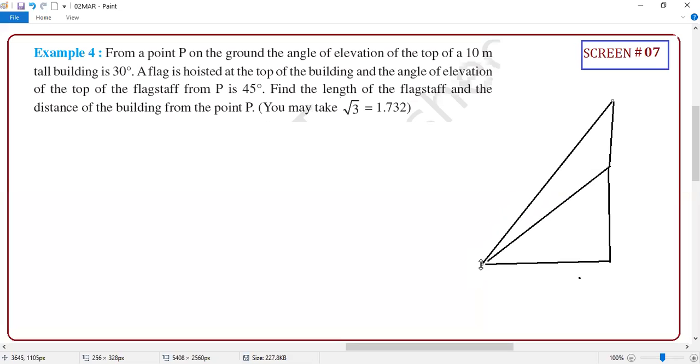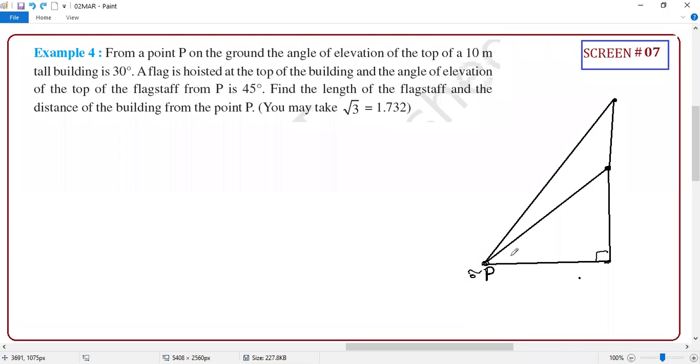That's all, guys. Magic done. You draw 2 right triangles. This is the point. They clearly said, guys, this point is P. You should not change it, because they clearly said from a point P, he is looking at the top of the building as well as the top of the flagstaff.